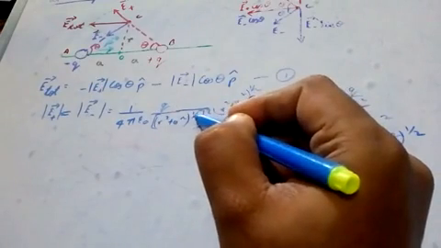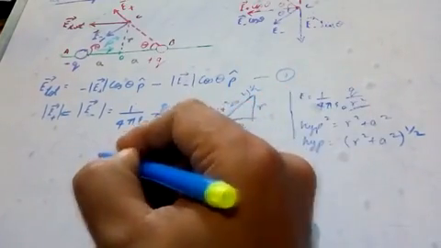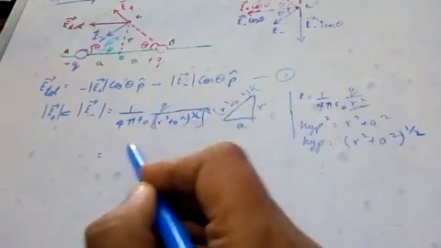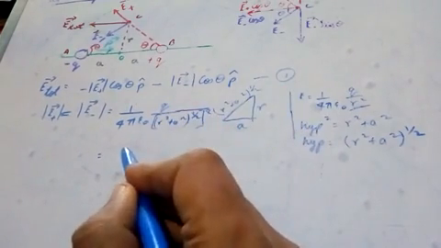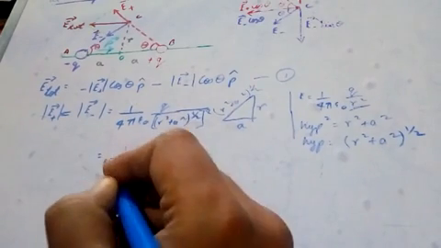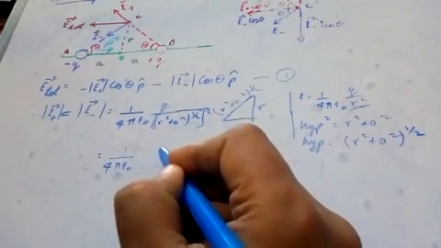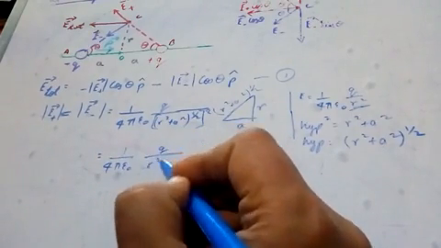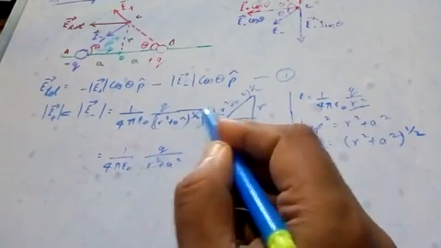Now this is power half and this is square, so these two will cancel each other. So what we have is 1 by 4 pi epsilon naught into Q by r square plus a squared. There are no other terms here.